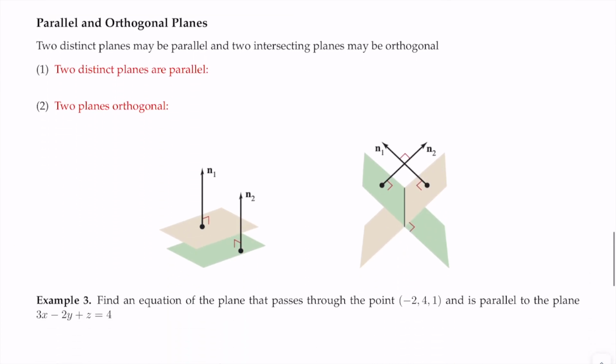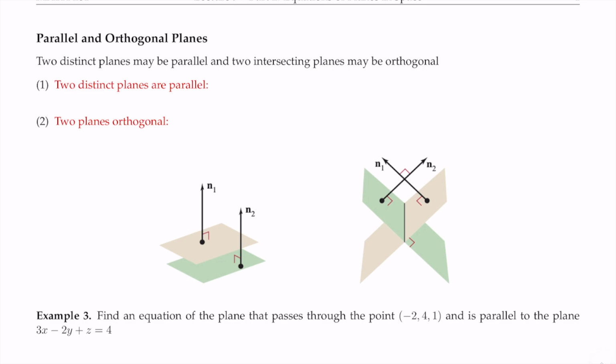Now we're going to move on to the next topic, which is about parallel and orthogonal planes. Two distinct planes may be parallel, and two intersecting planes may be orthogonal. In the first case, the two distinct planes are parallel if their respective normal vectors are parallel.